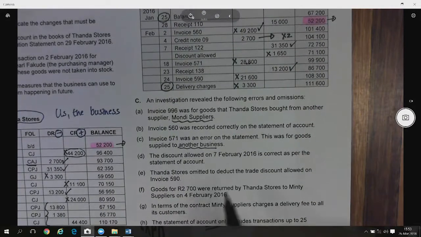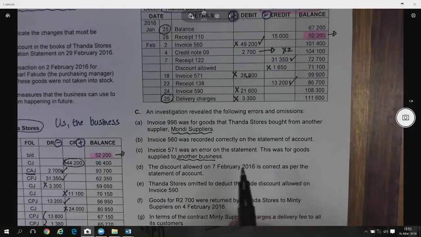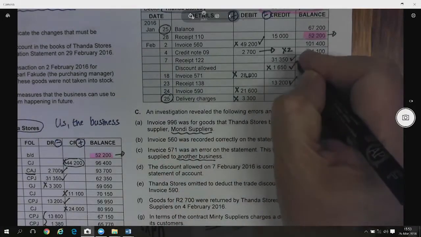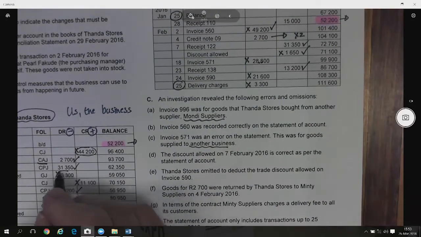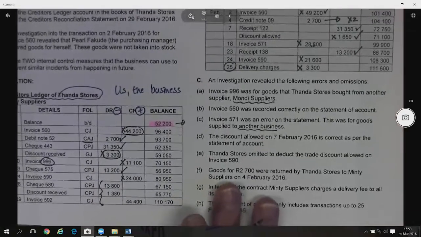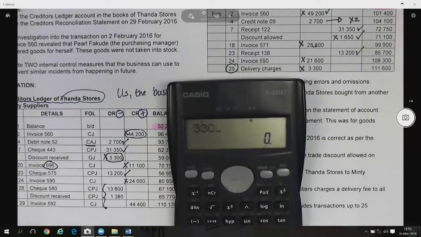Number D. The discount allowed on the 7th is correct as per the statement of account. There was the discount on the 7th, so that one is correct. So our discount on the 7th was wrong. So we gave ourselves too much discount, so it is a minus 3,300.